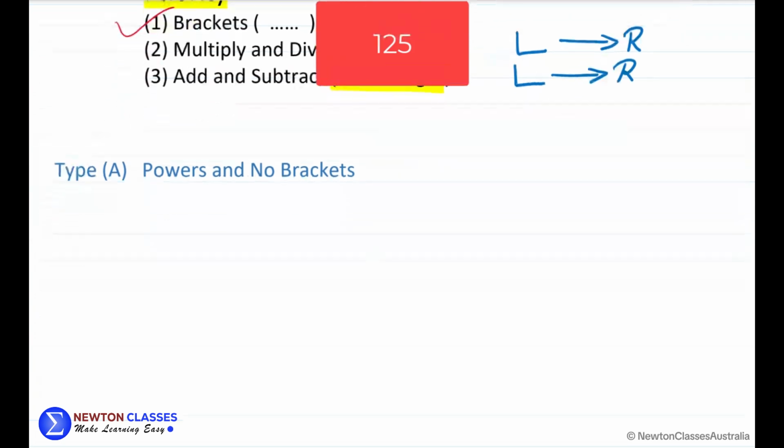There are two types I'm going to discuss today. First, there are some expressions with no brackets but powers with different operators coming. Let's say one example: 3 times 10 squared divided by 2. Definitely there is no bracket, so we will look into the order, which is the indices.